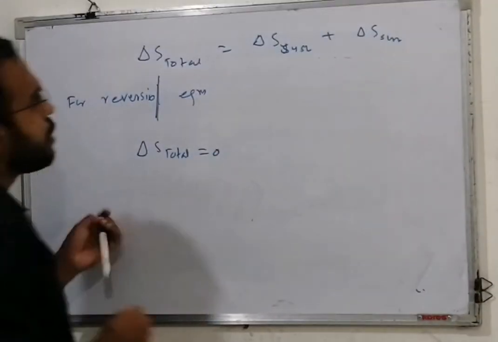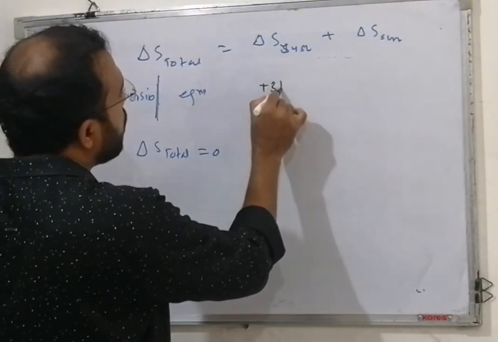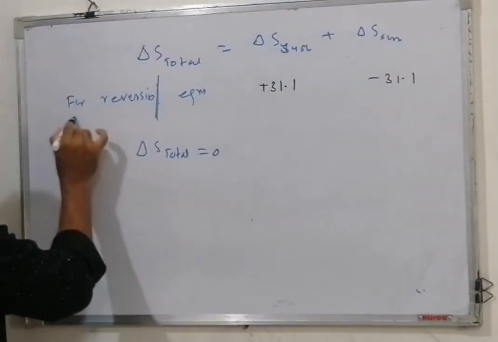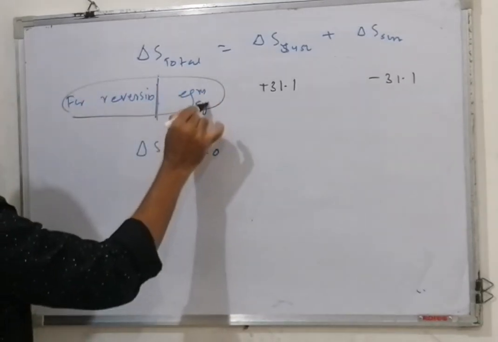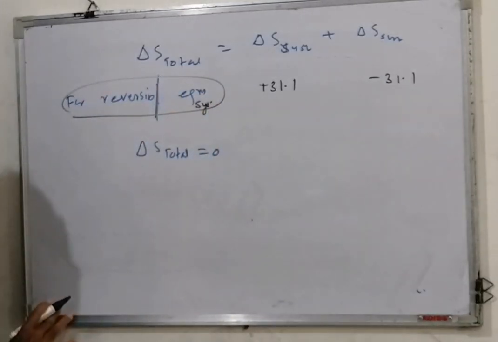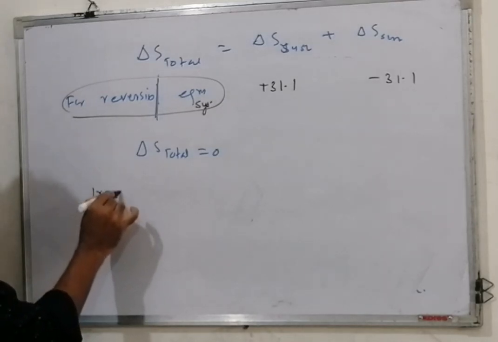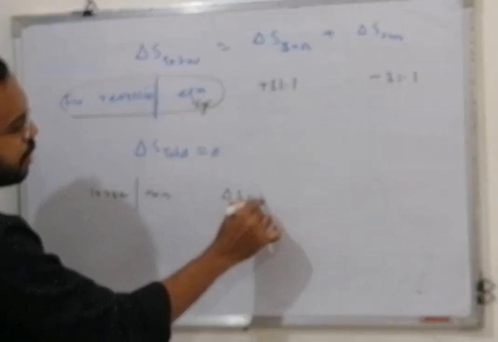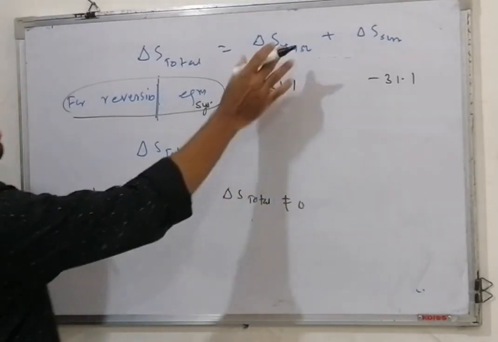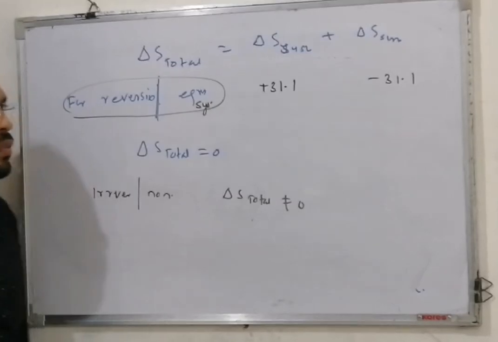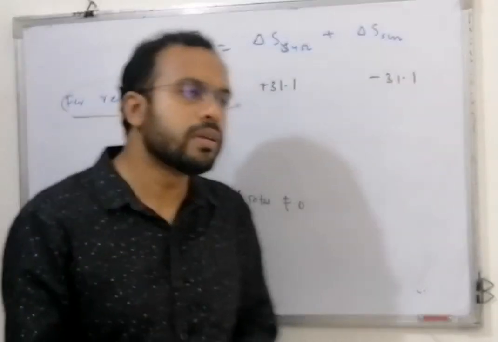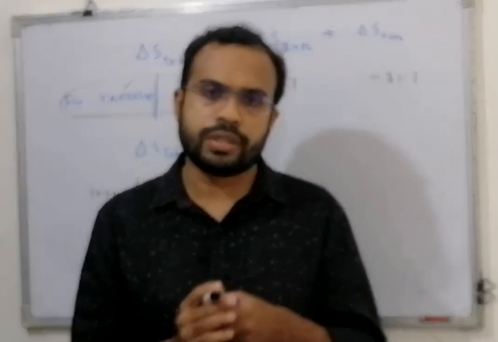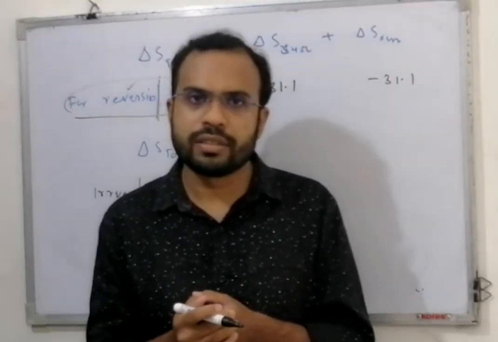In this example, if the system is 31.3, the surrounding should be minus 31.3. For a reversible or equilibrium system, delta S total is equal to 0. For an irreversible or non-equilibrium system, delta S total is not equal to 0. Therefore, this value is not equal to this value. Why do we take exactly the negative? Because of the word reversible or equilibrium in the question. Otherwise, you don't take that.